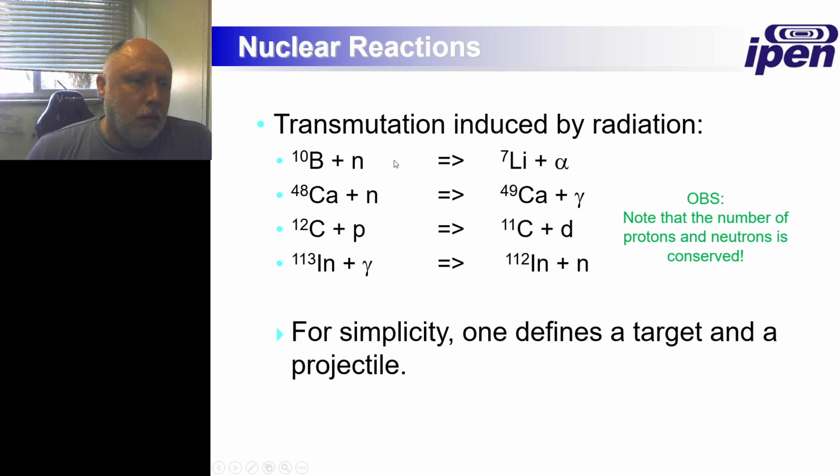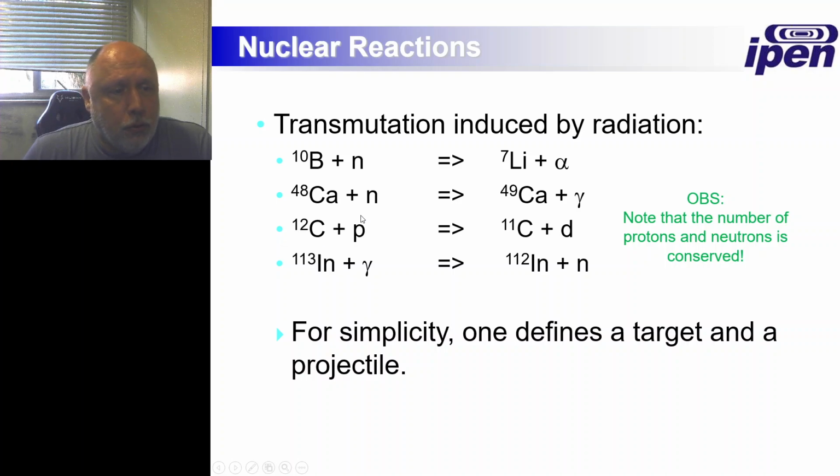You can have calcium 48 interact with a neutron and absorb this neutron, so it becomes calcium 49, still calcium, one more neutron, and you have to produce a gamma ray. It's mandatory, for conservation purposes, you must have this gamma ray.